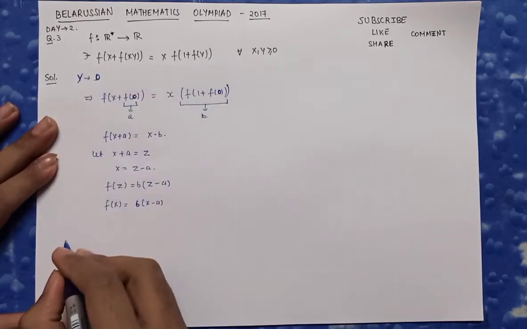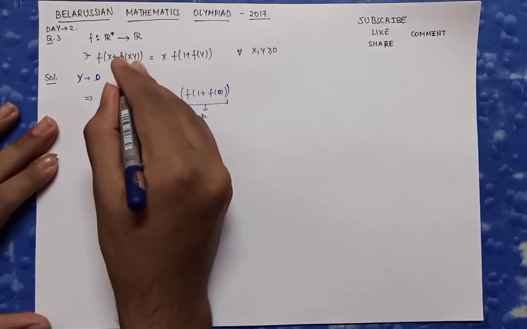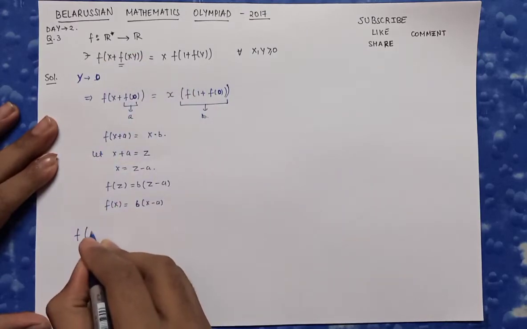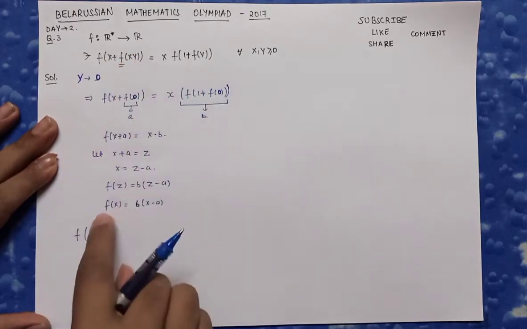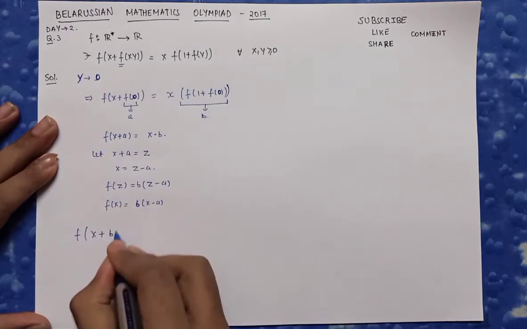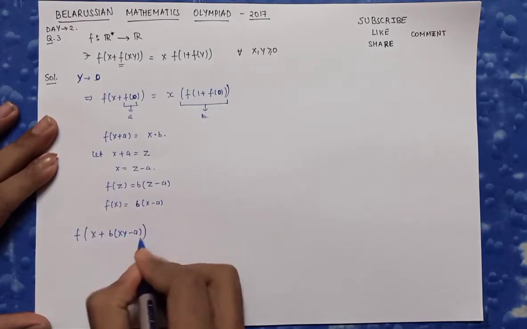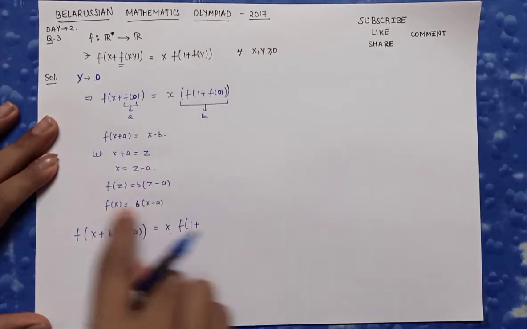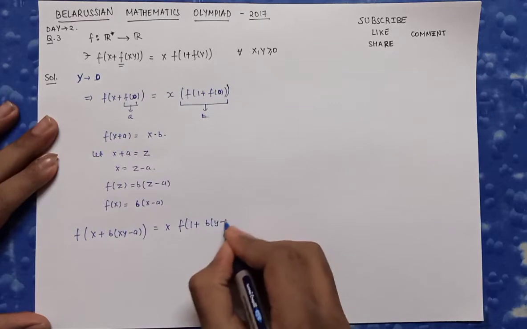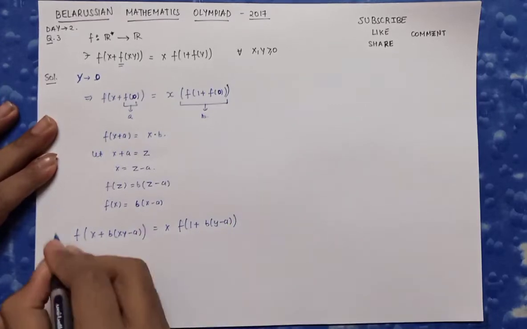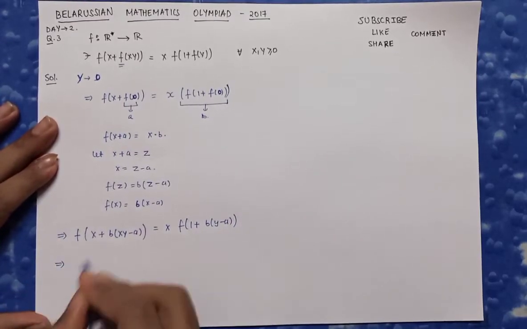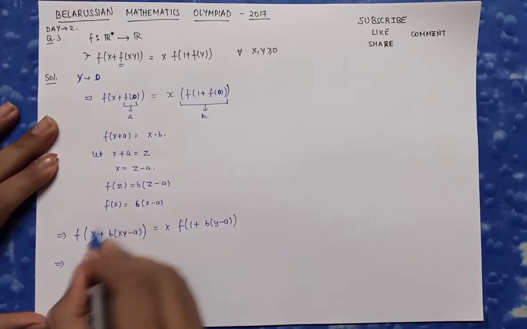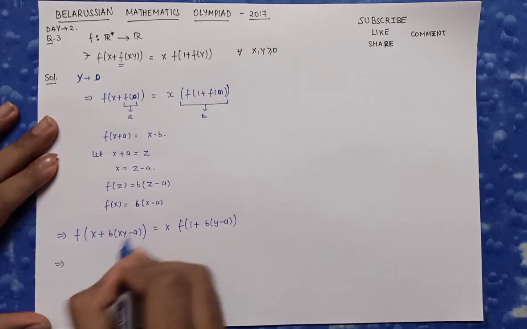Here we have one function inside another function, so let's write it down. f(x) plus, now f(xy), if I substitute xy here, then I will get b times (xy - a), equals x times (f(1) + f(y)), where f(y) is b(y - a). Now here we have one function, so let's substitute this whole term in place of x.